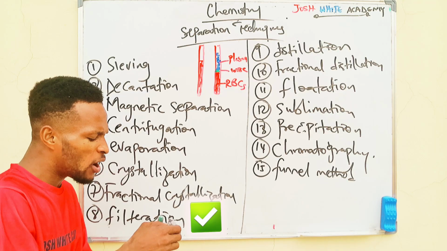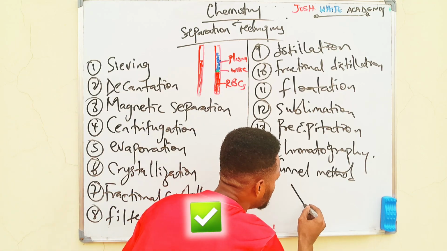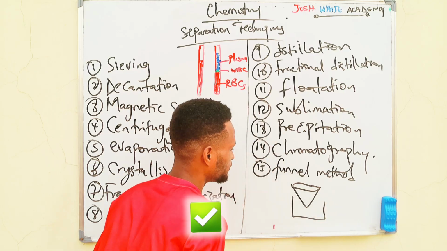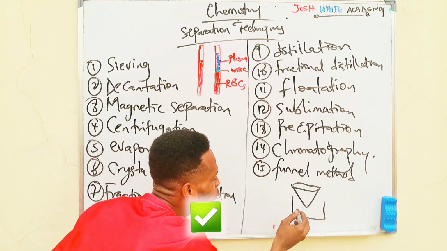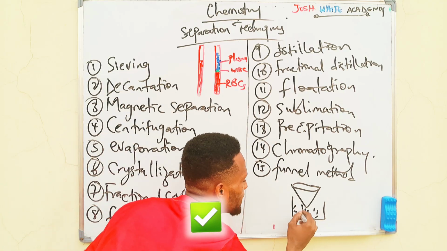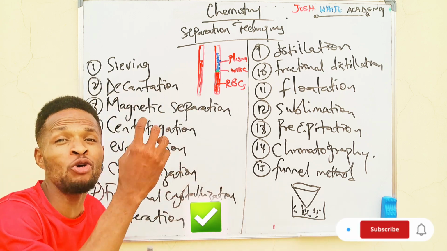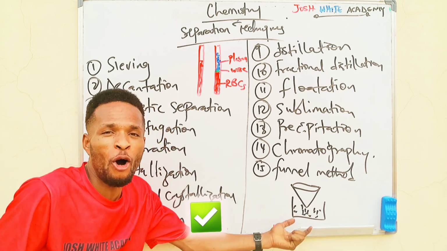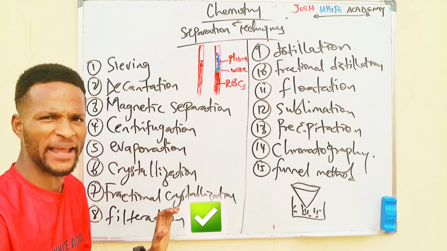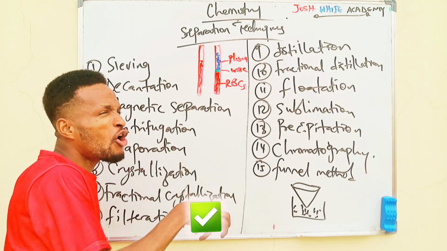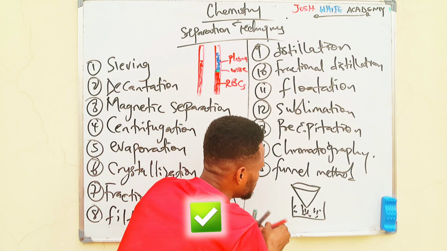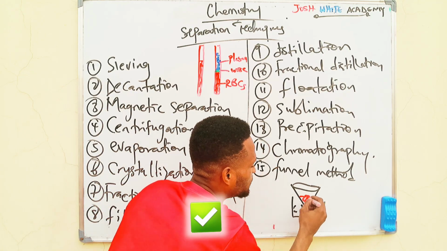So if you pour that in a filter paper, the water will pass through it because the molecule of the water is smaller than the space of that filter paper or filter bed. But the chalk, whose particle is larger, will be captured by the filter paper.